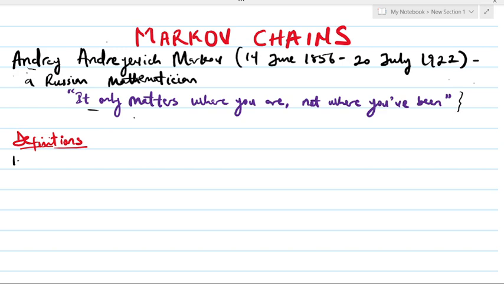So before we define Markov chains, let's define some terminologies that we'll be using in Markov chains. Okay, so first let's define the state. First definition is the state of a Markov chain.